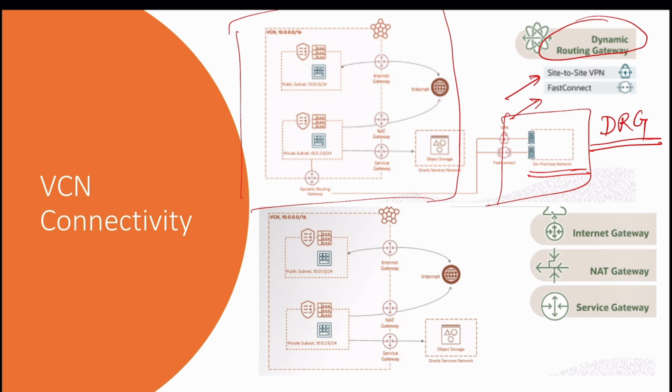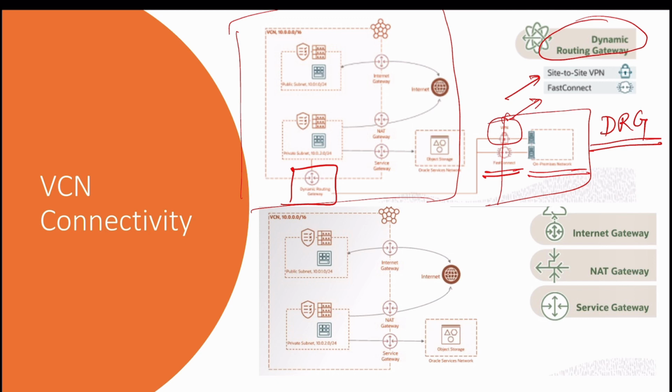One is an internet-based connection, that is the VPN connection. It is software-based, and for this also we require the dynamic routing gateway. Or if you want a dedicated connection, like a physical connection between Oracle Cloud and your organization, that is done through FastConnect devices, and this is known as a dedicated connection. So for these two we use the dynamic routing gateway.